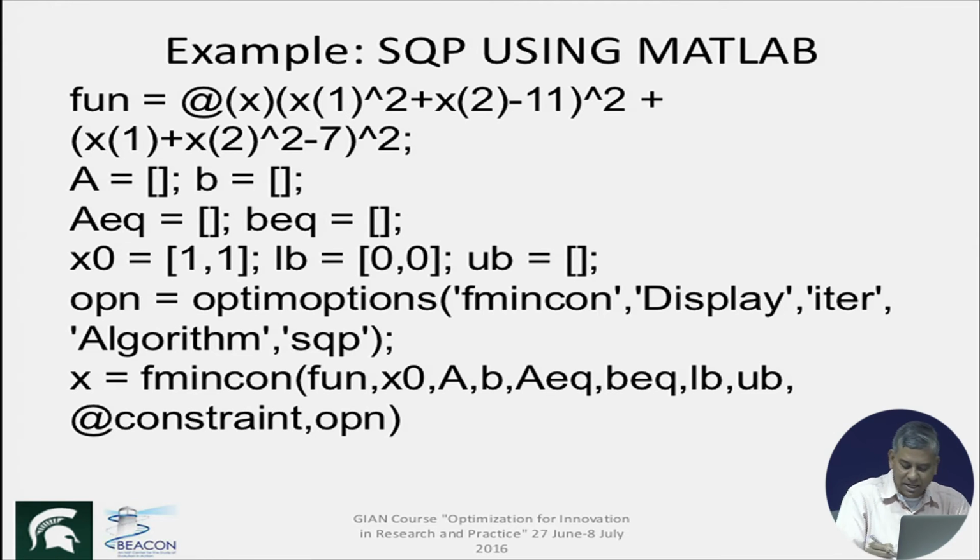There is nothing else, so this is an unconstrained problem in some sense, except that there is a lower bound. And I'm starting with x0 equal to 1 comma 1. Okay, so that's the problem I'm solving.